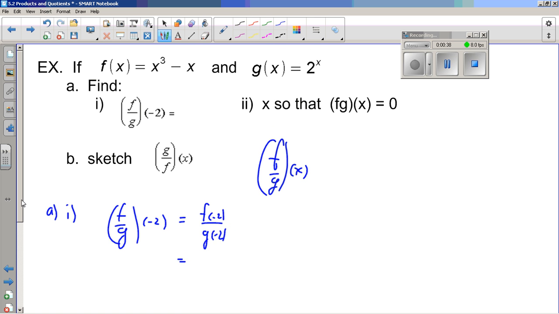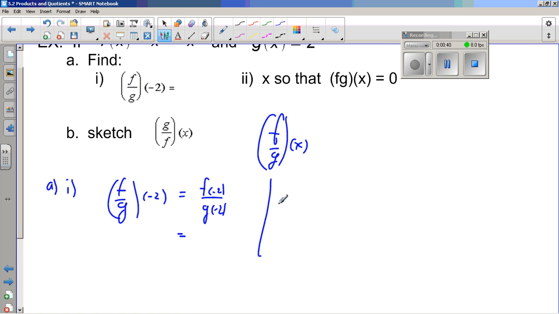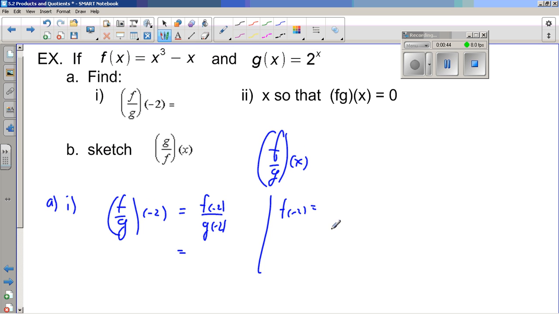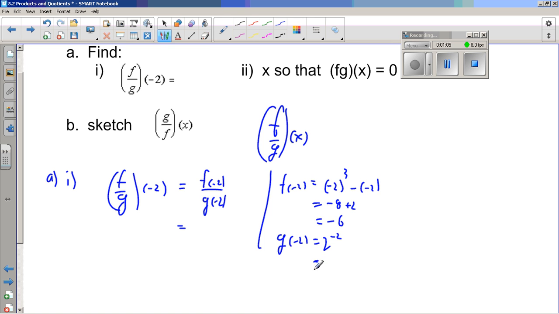Okay, well, fine. F at -2 is just, what is f at -2? It's -2 cubed minus -2, which is -8 plus 2, which is -6. So on the top I got -6. And g at -2 is an exponential function, 2 to the exponent -2.